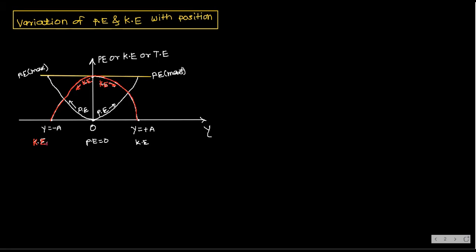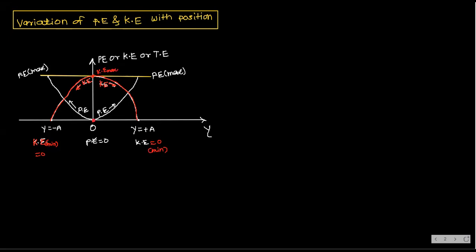So there it should be minimum. Kinetic energy is minimum, that is equal to zero. Zero. Minimum. Here it is maximum, mean position. Okay. So here I am writing KE max. Okay. Now it is good.